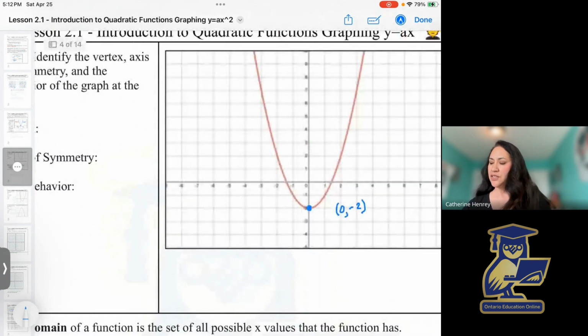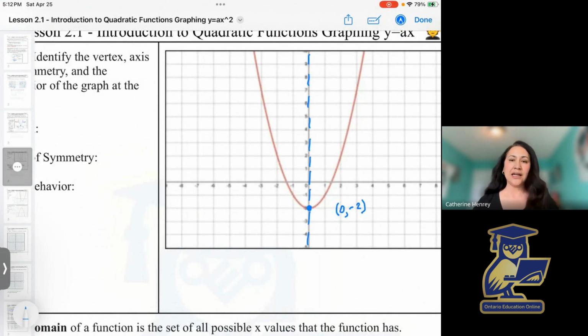The axis of symmetry is a line that passes through the vertex and cuts the parabola in half. In this case, it looks like it's x equals 0. Then when we look at the parabola from left to right, we see that it is decreasing here, reaches the vertex, and then goes to increasing on the other side.